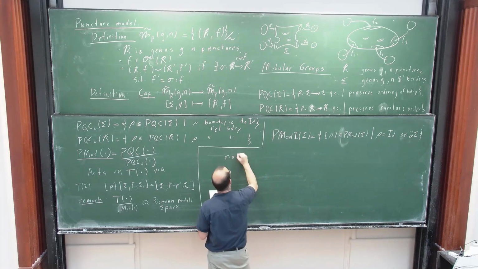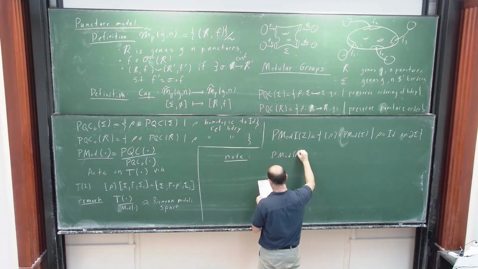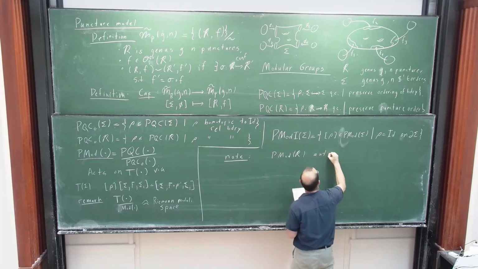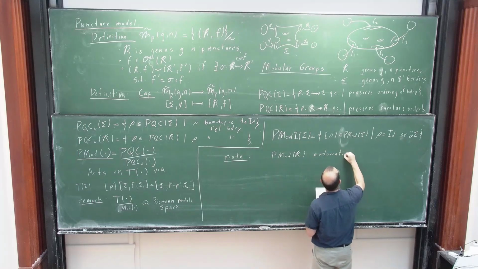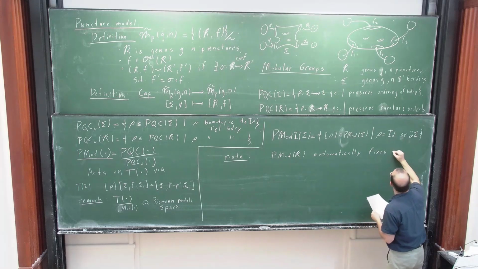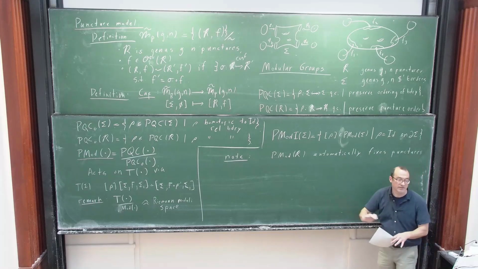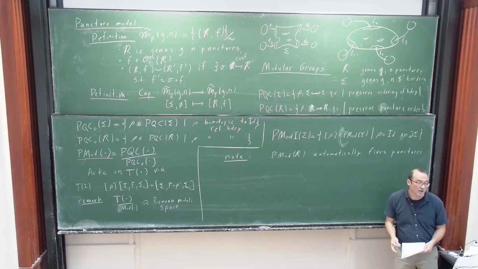And I just want to make a note, if you do PMod R, it automatically fixes the punctures, because quasi-conformal maps extend to punctures.